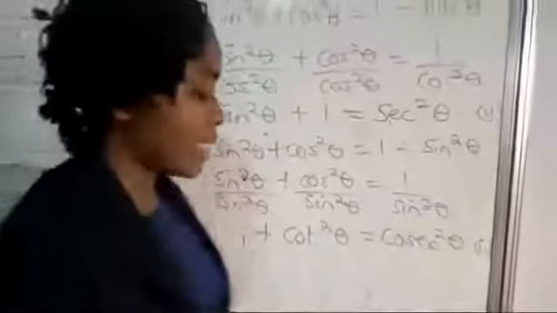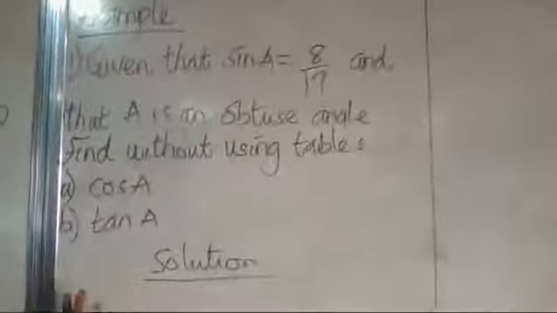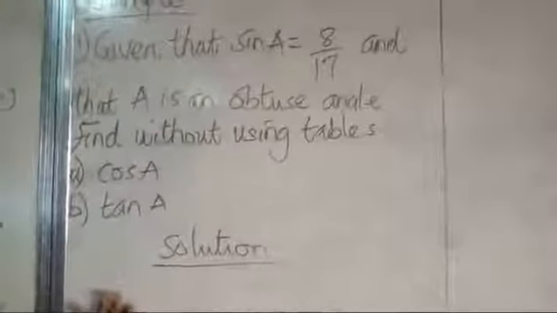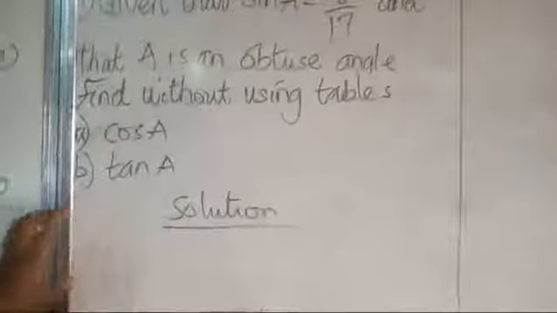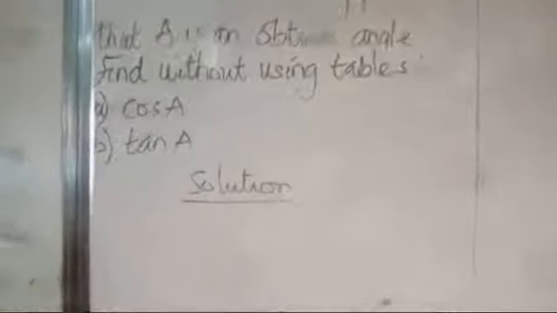So let's look at examples. Alright, the first example. Given that sine A equals 8 over 17 and A is an obtuse angle, find without using tables cos A and tan A. Now I want to consider the first identity we derived: sine squared theta plus cos squared theta equals 1.